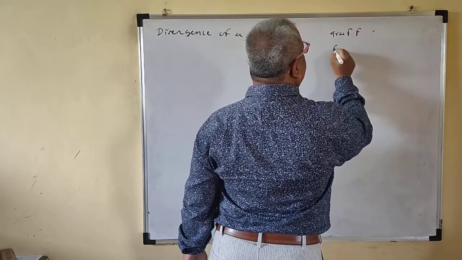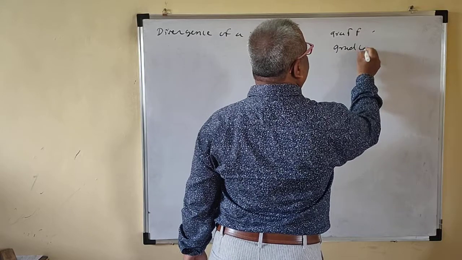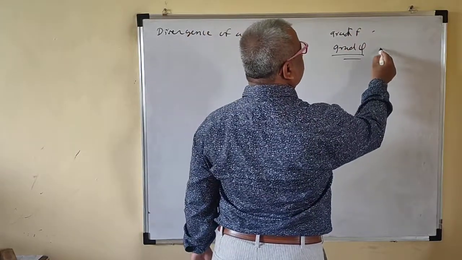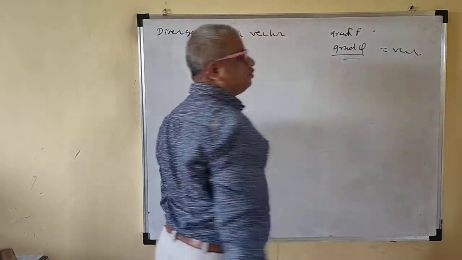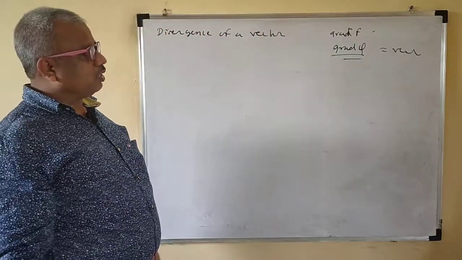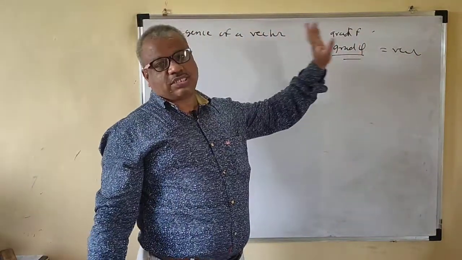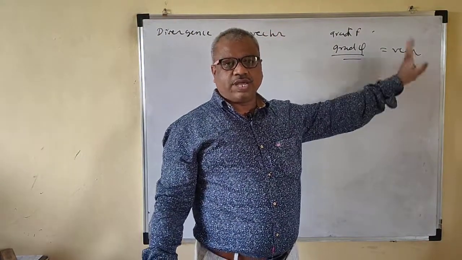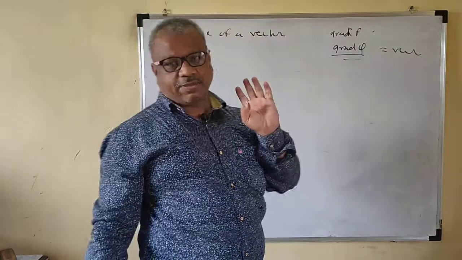You can apply the gradient only on a scalar point function. So this is ∂φ/∂x i bar plus ∂φ/∂y j bar plus ∂φ/∂z k bar.